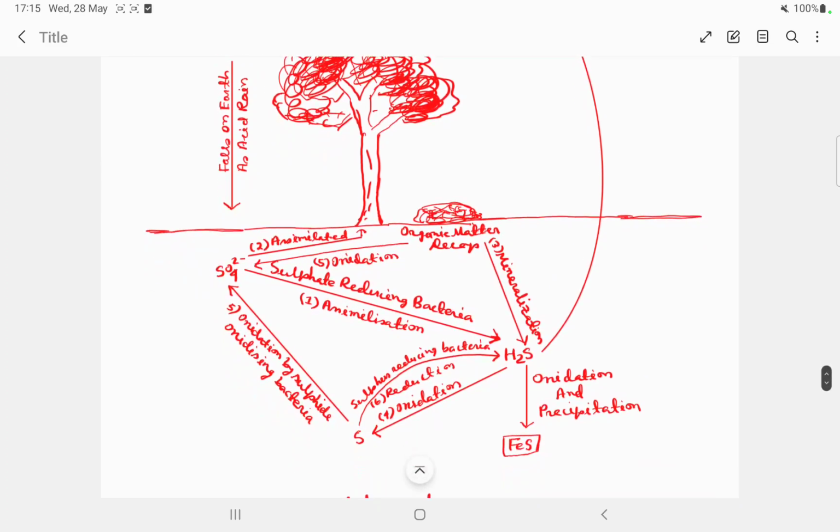In the next step, hydrogen sulfide is then transferred to elemental sulfur by the process of oxidation by sulfide oxidizing bacteria.